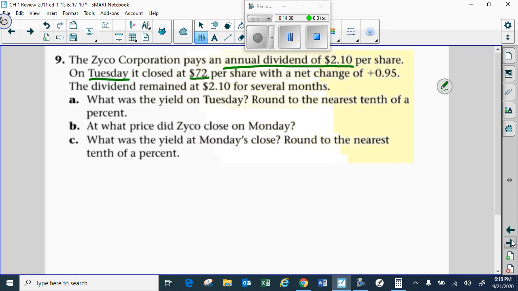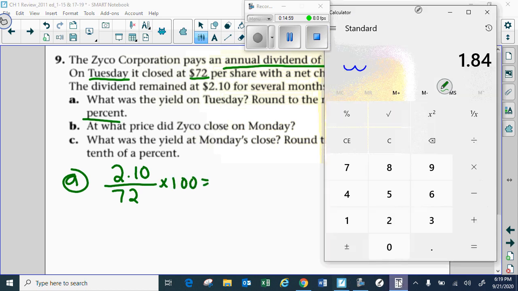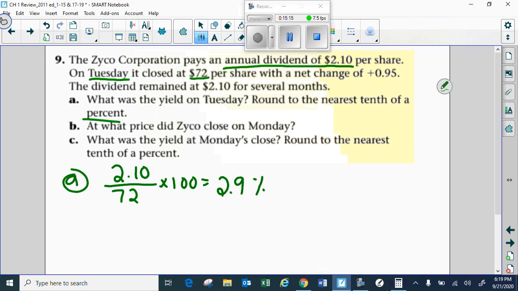We're taking the dividend, $2.10, divided by the price per share of that day, $72, rounded to the nearest tenth of a percent, and then we multiply by 100. So $2.10 divided by 72 times 100 is 2.9%, because it's the nearest tenth, as it says there.